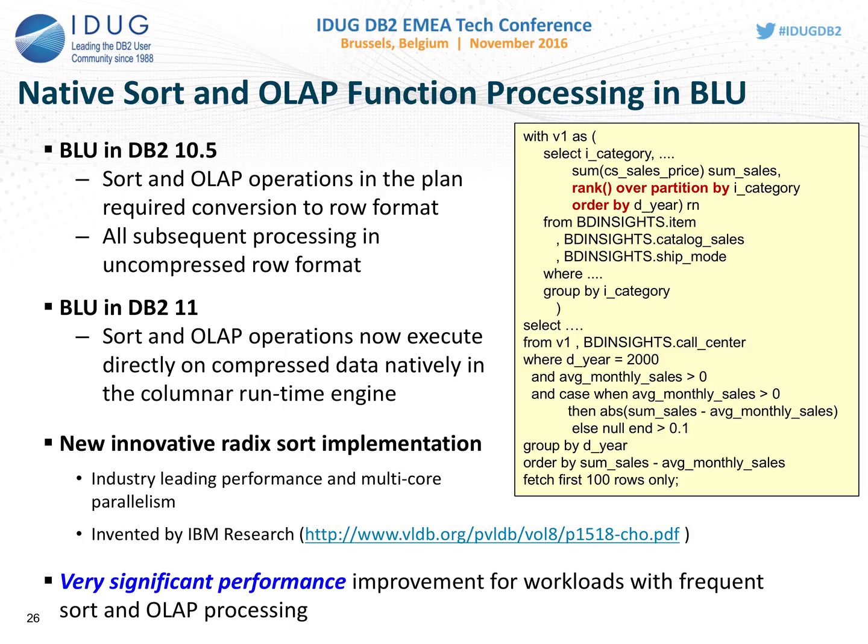So such a query in DB2 10.5 would require conversion internally on the fly, from the columnar BLU format to uncompressed row organized format already here when the OLAP and order by gets evaluated.